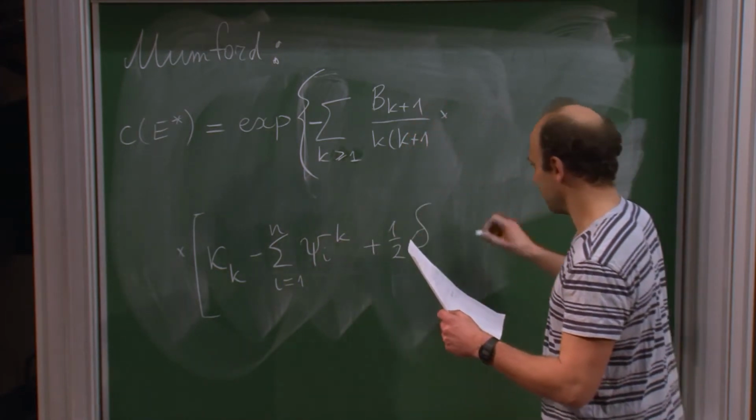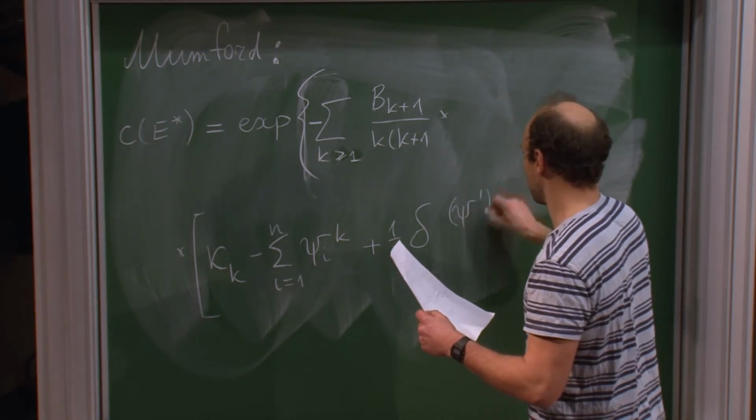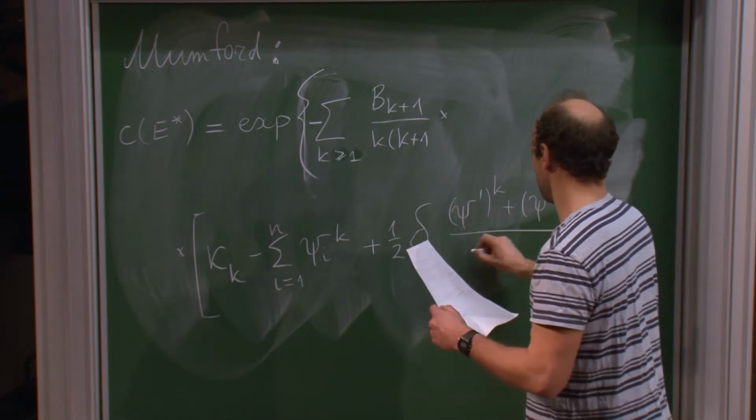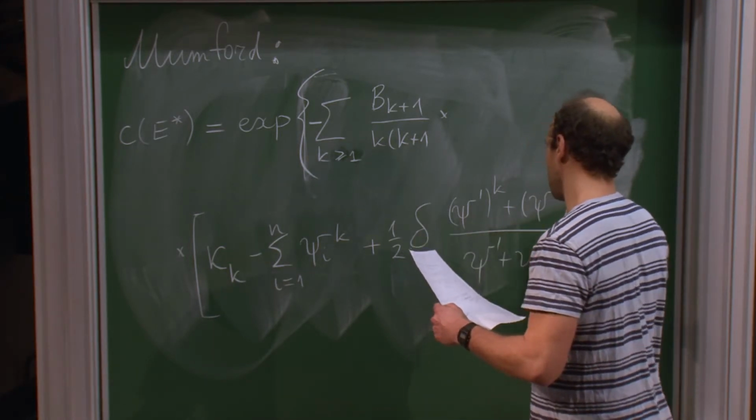Delta is the boundary, and here I have psi' to the k plus psi'' to the k divided by psi' plus psi''.